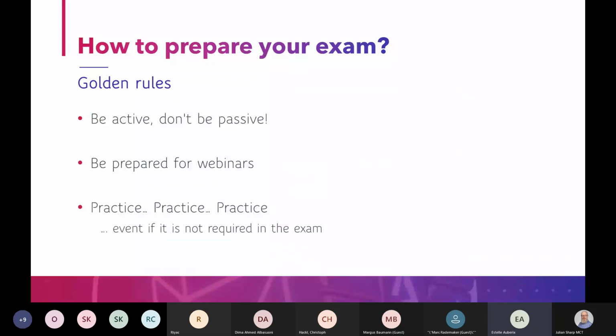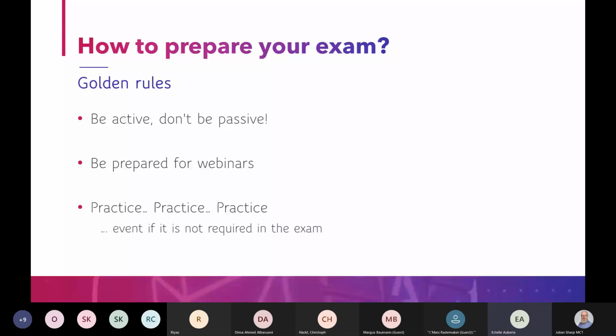So the rules to prepare for the exam. I saw this morning that there was a session really focused on that, so I won't tell this one again. But for me, and that is my advice, the golden rules are: you have to be active.